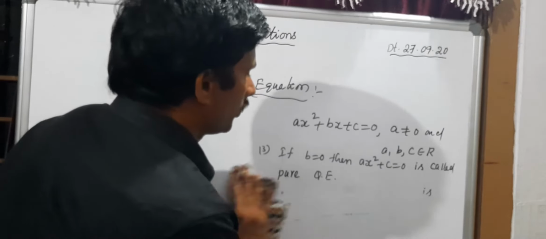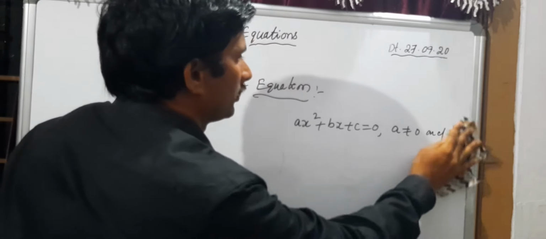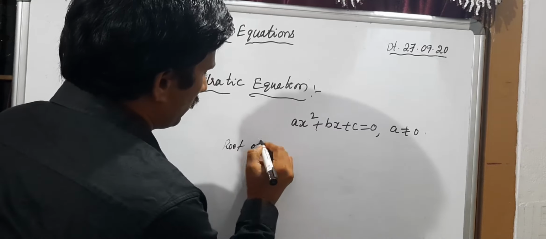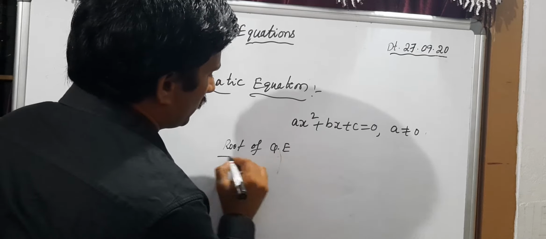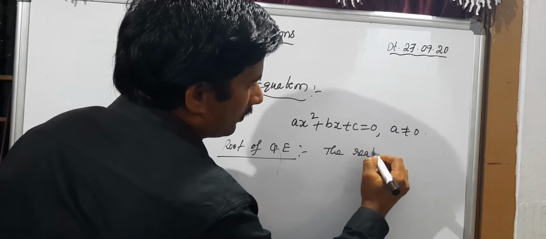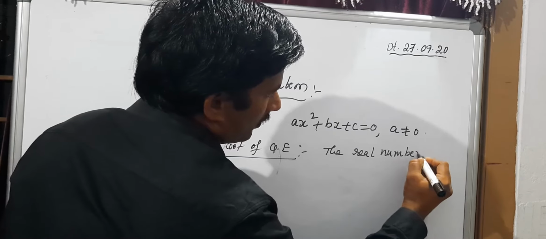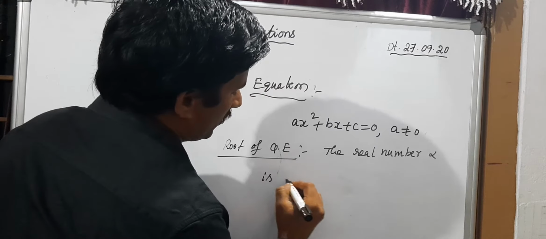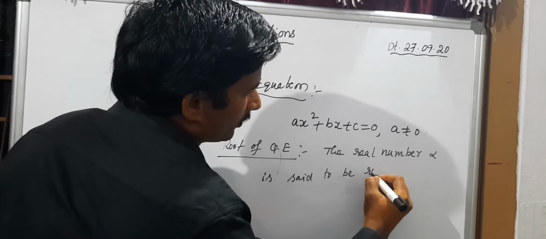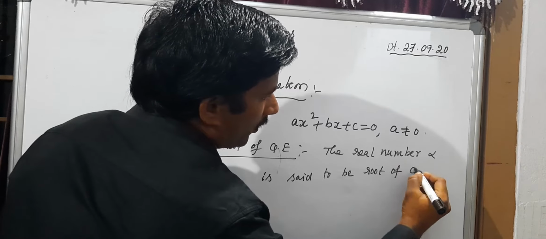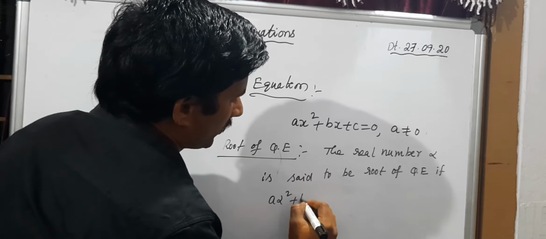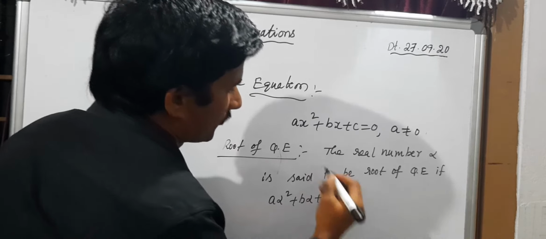Next, what is the root of a quadratic equation? A real number alpha is said to be a root of a quadratic equation if a alpha square plus b alpha plus c equal to 0.